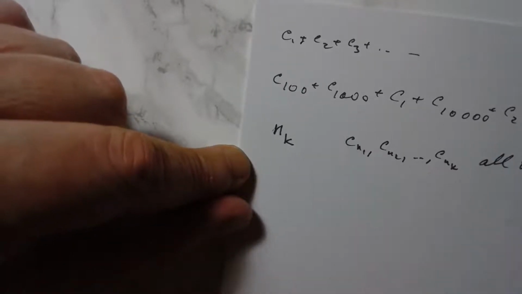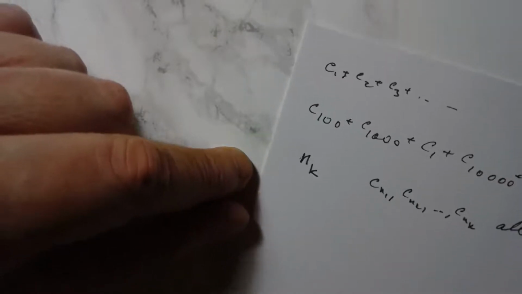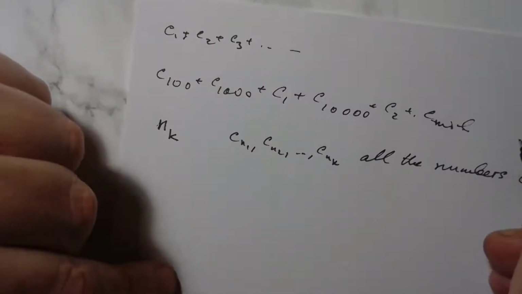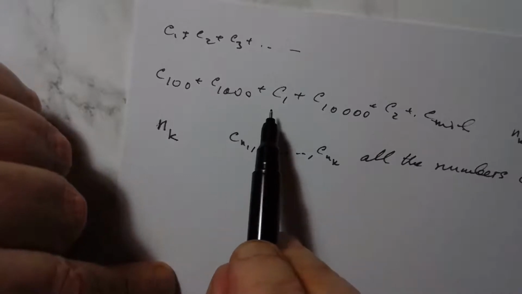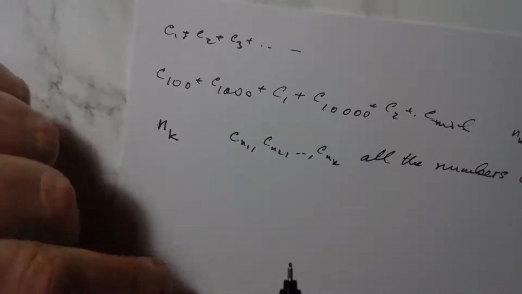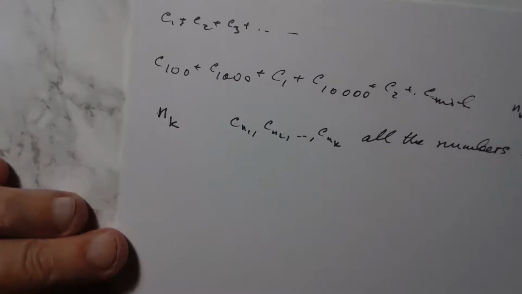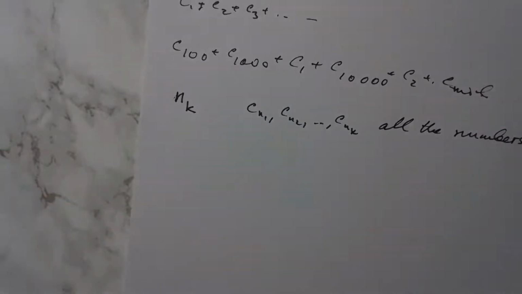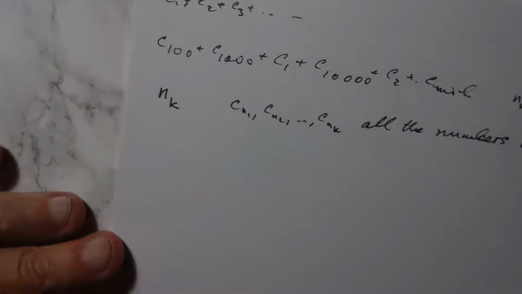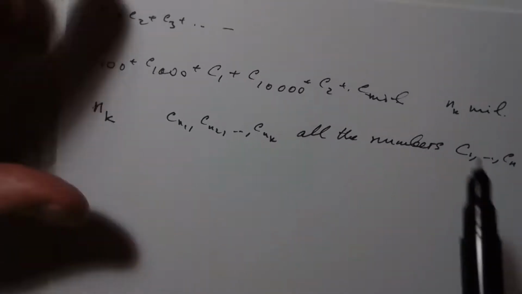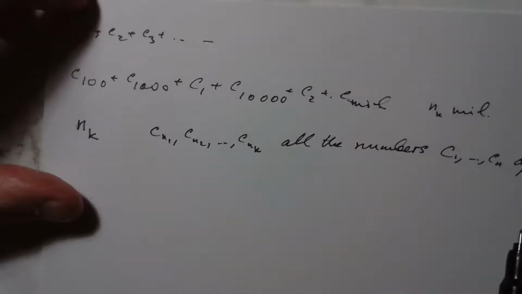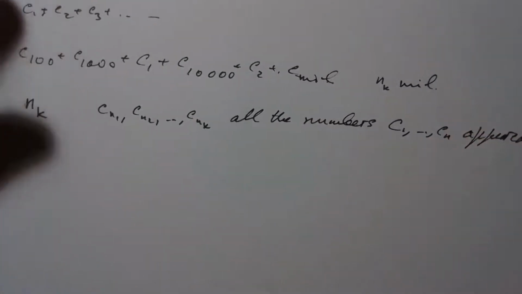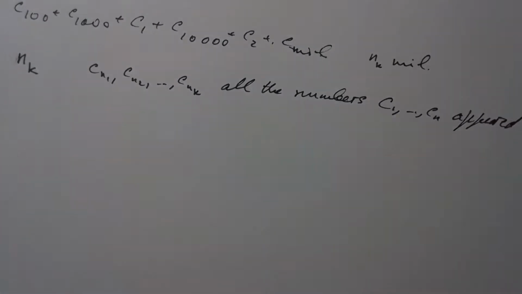So for instance, let's say this is C sub a million, and if I choose n_k to be a million, then the numbers C_1 and C_2 appear in them. And if I choose n_k to be a billion, then the numbers C_1, C_2, C_3, up to C_10 will appear among them. So if I choose sufficiently large n_k, then all the numbers up to n will appear in it.